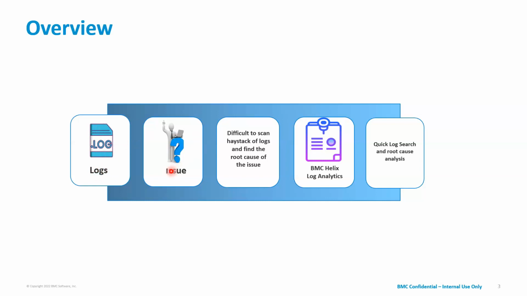If an issue is found, it becomes difficult to scan a haystack of logs and find out the root cause of the issue. But BMC Helix log analytics provides a solution to search for a problem using easy keywords, time ranges, and queries that help to filter the logs and identify the root cause of the issue, hence reducing the MTTR.